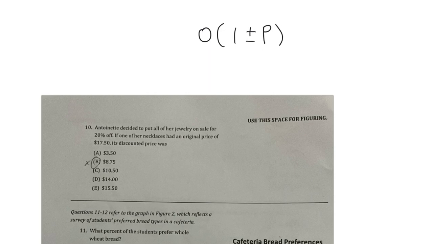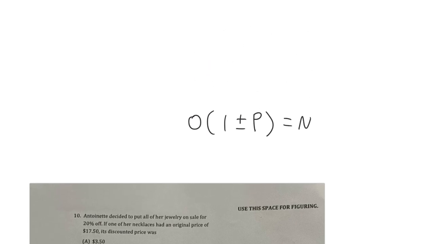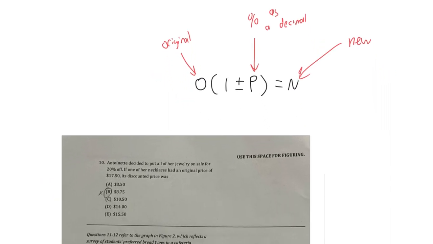And the O stands for original amount. The P stands for percent as a decimal. And the N stands for new amount, okay?